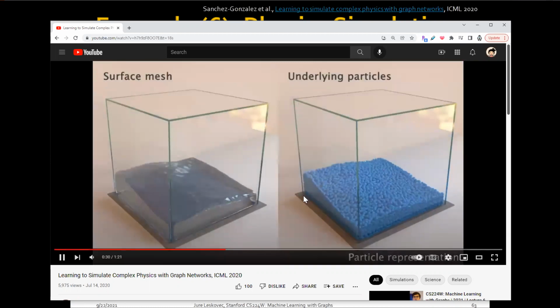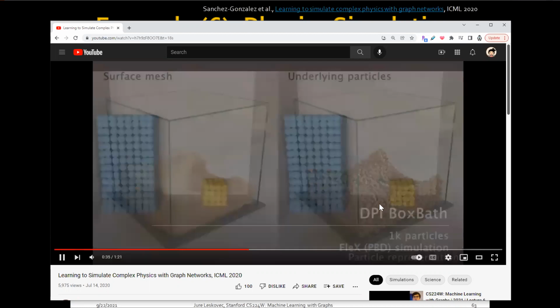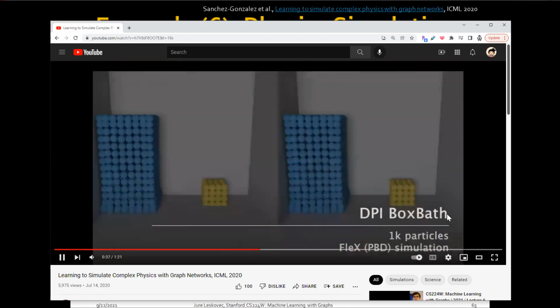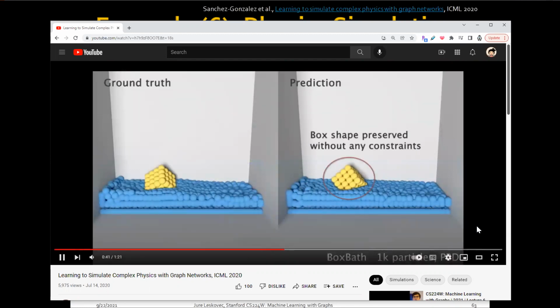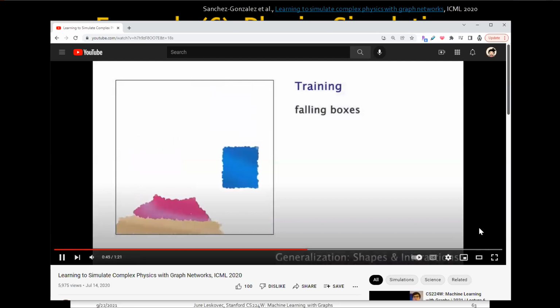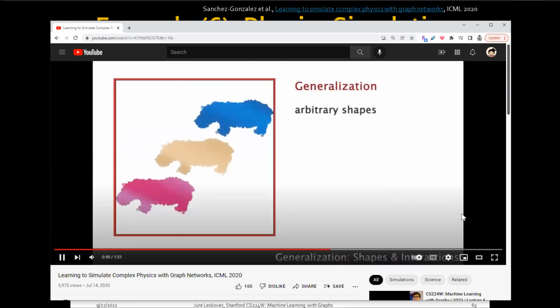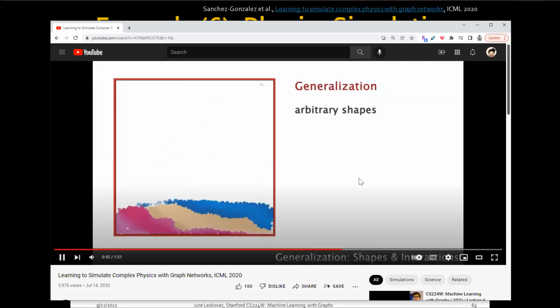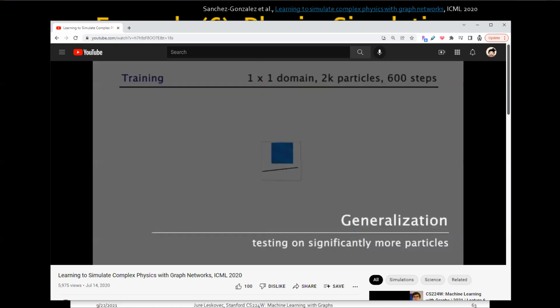Yeah, so the underlying, all of these materials, liquids or solids, are modeled by these small particles. Arbitrary. So they are trained with the box shape, but the model can generalize very well to any shape.